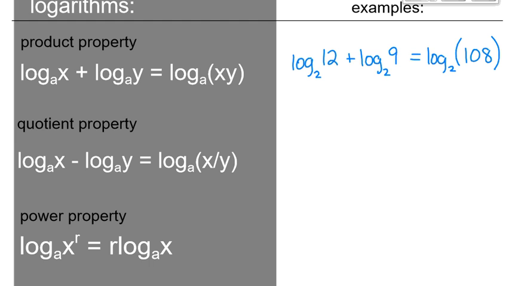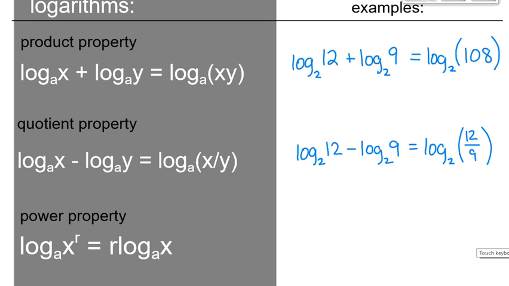The product property was if you're adding logarithms, you multiply their arguments. So an example of this would be, I could use the same numbers, log base 2 of 12 minus log base 2 of 9 would be equivalent to log base 2 of 12 divided by 9. And of course, we could simplify that fraction.